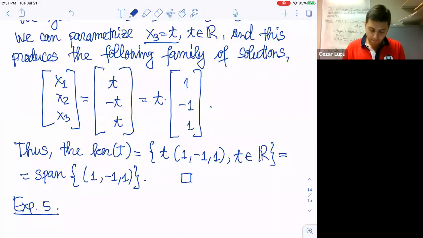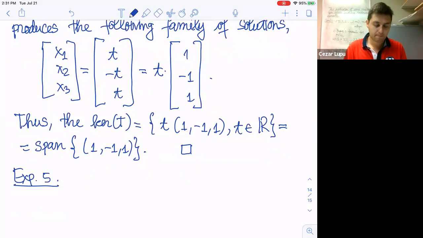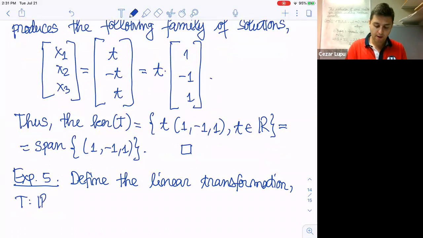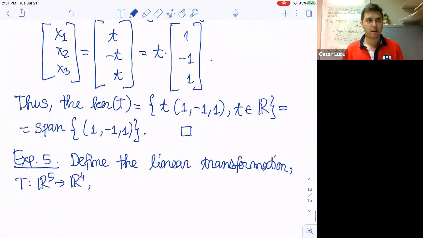So let's define the linear transformation T from R5 to R4, which will be given by the following.